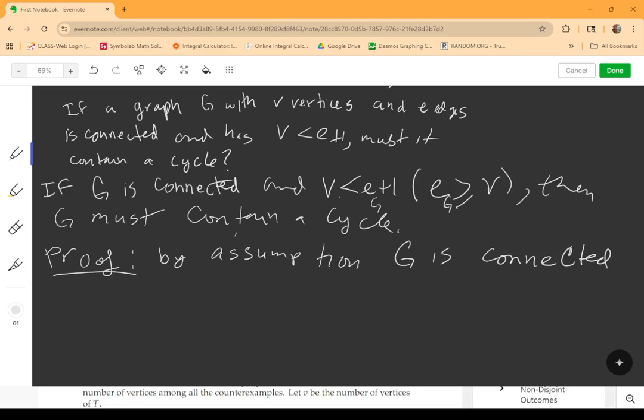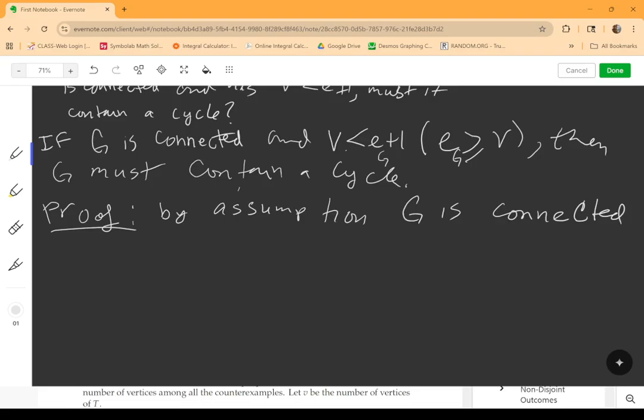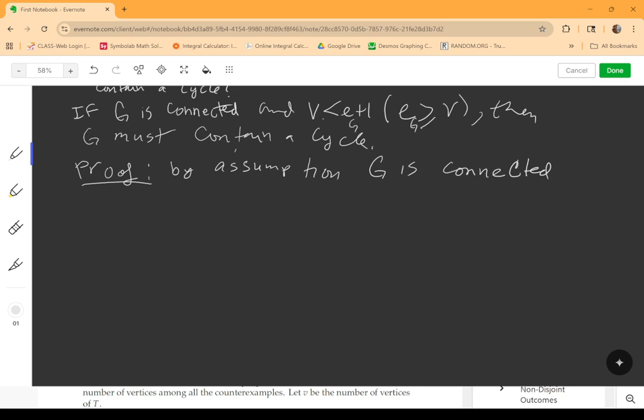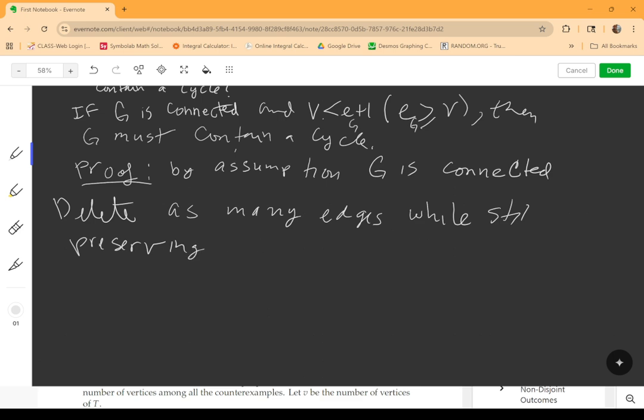And from there, let's say we have G being a connected graph, and by construction, we're going to delete as many edges as possible while still preserving connectedness.